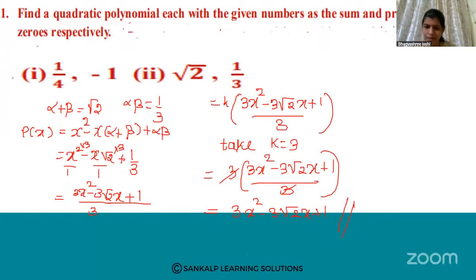Now, check once again whether it is in the form of ax square plus bx plus c. We must check whether it is this formula, because we want a quadratic polynomial. So, ax square plus bx plus c. Yes, it is there. So, this is our required polynomial. Right? Understood?